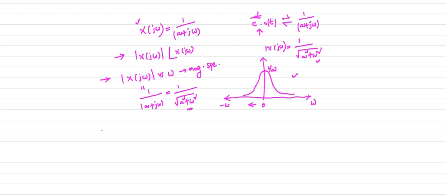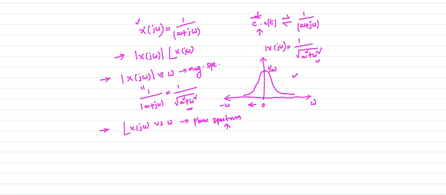Now how can you plot the phase spectrum? The phase spectrum is nothing but the angle of X of j omega versus omega. A spectrum consists of frequencies, so for the corresponding frequencies, we define the phase of the function.